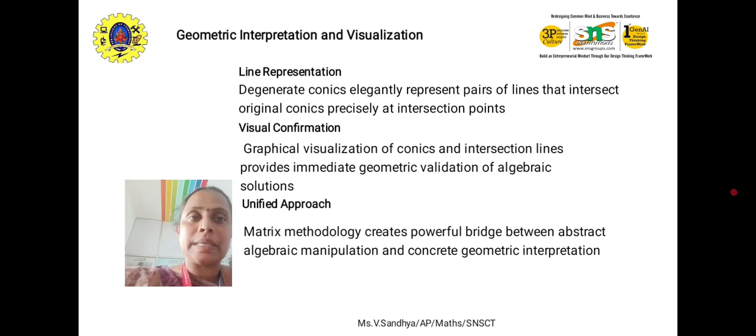Here we want to represent the line representation and visualization approaches. In line representation, we usually represent two pairs of lines. The conic elegantly represents a pair of lines intersecting the original conic at the intersection points.